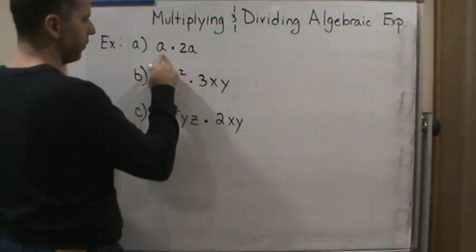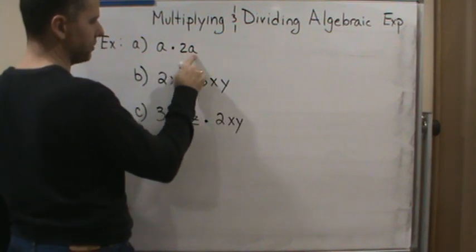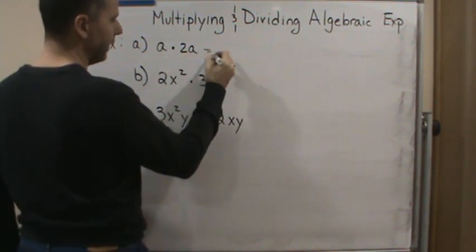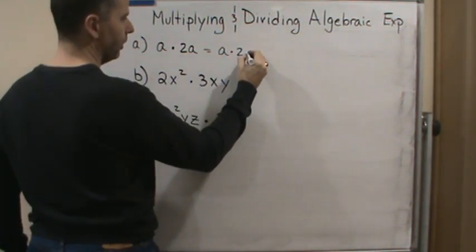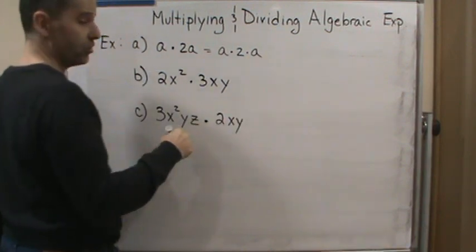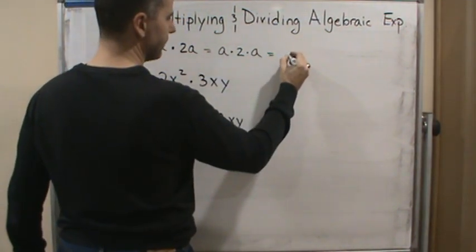So what does this mean? This is a times 2a, which is 2 times a, right? So I can rewrite this as a times 2 times a, and then use the commutative property to move things around.